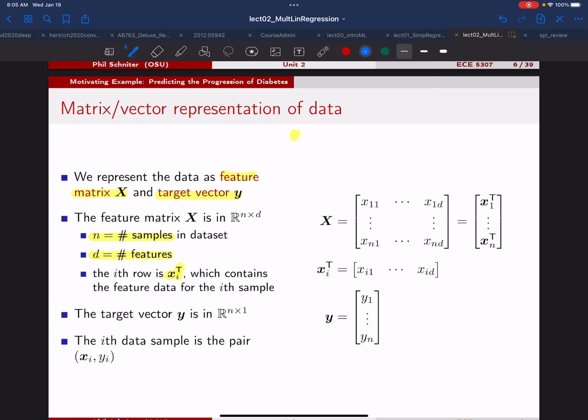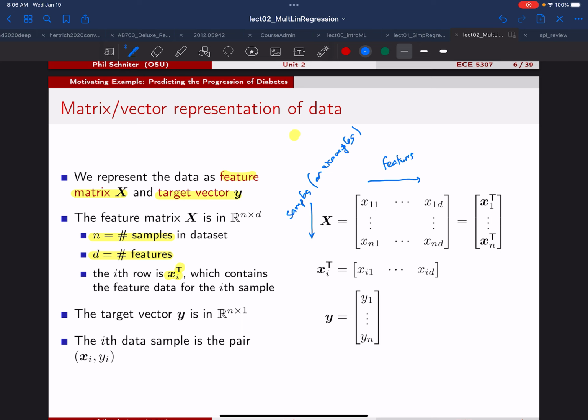If you go down the rows, these are samples, or you could say examples of the data. As we go across the columns, these are different features that we're using to do a prediction.